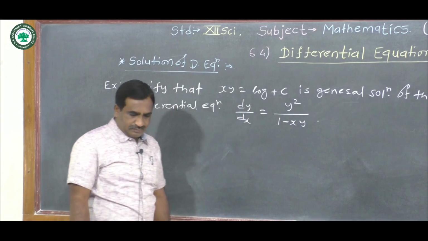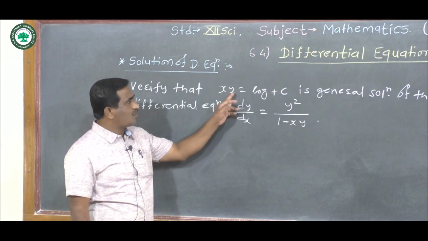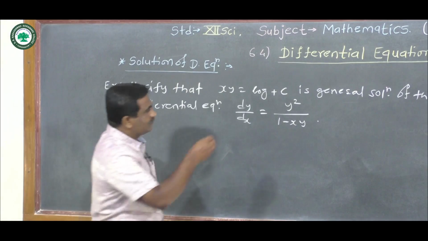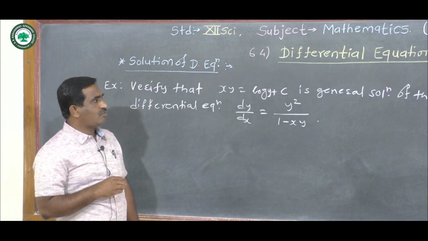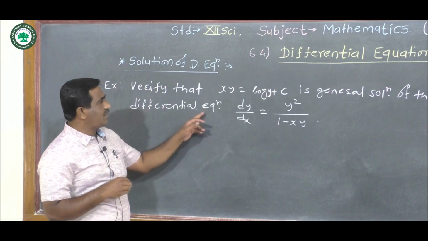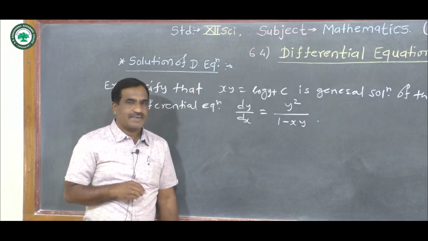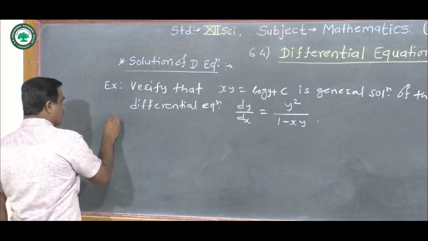That is, here we have to show that this equation x y equal to log of y plus c is the general solution of the differential equation dy by dx equal to y square upon 1 minus xy. Now we see the answer for this example.